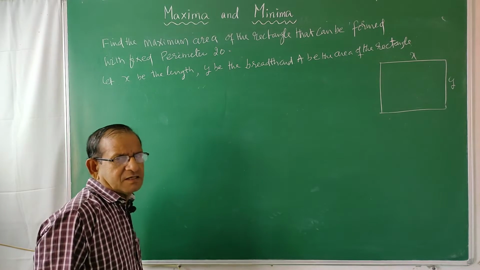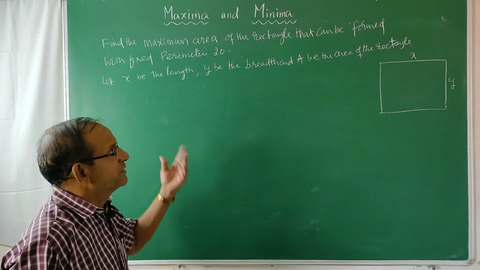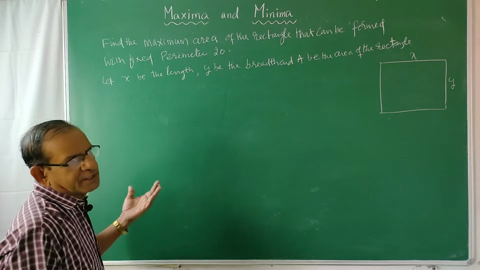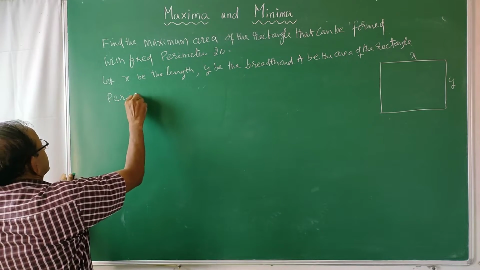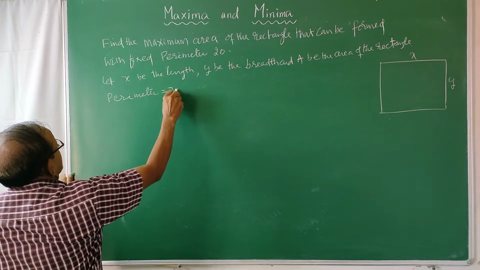Perimeter is given as 20 units. So perimeter is 2 into length plus breadth. Perimeter is equal to 20. This is given.